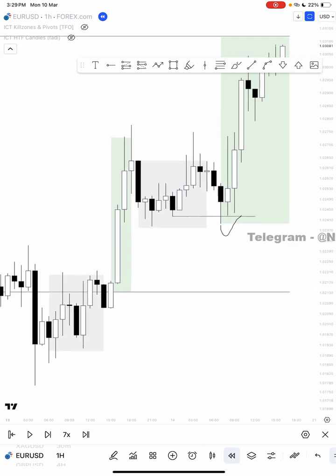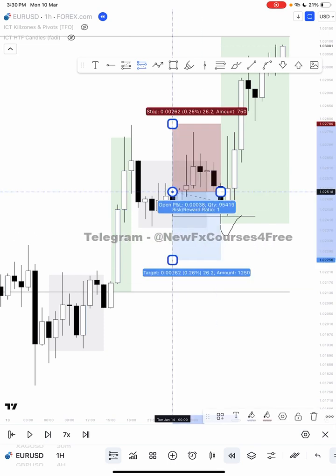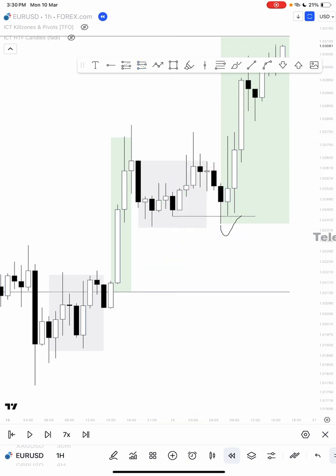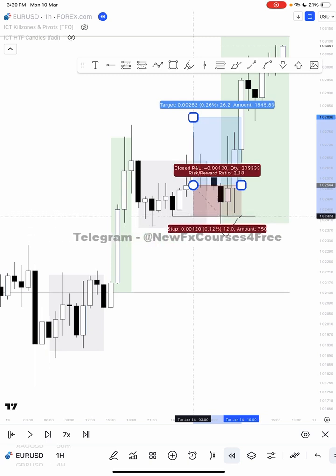Don't say, oh, the market is just going higher, I can enter from anywhere, let me enter from here, or let me enter from here. Yes, this is another block. Wait, let me enter from here, this is another block, and put my stop below here.